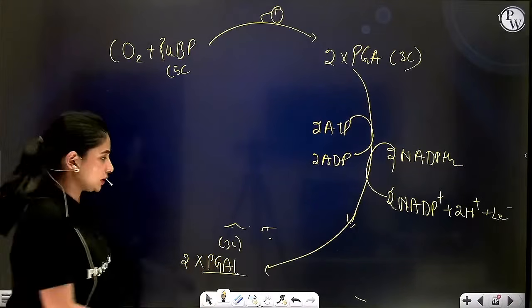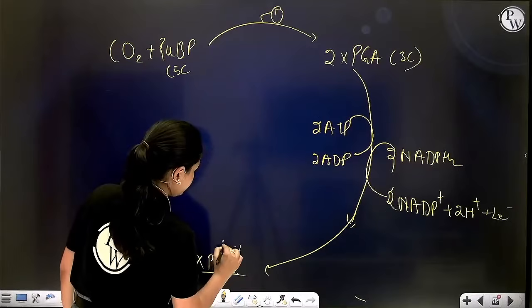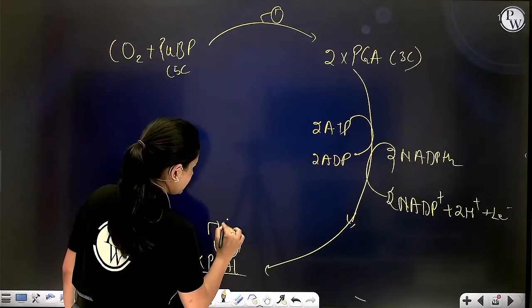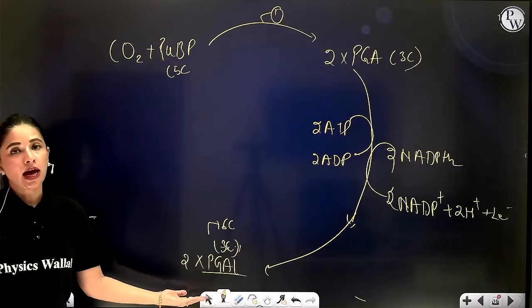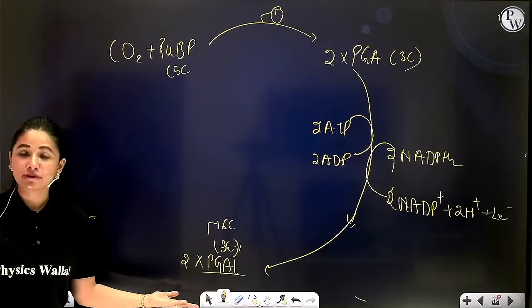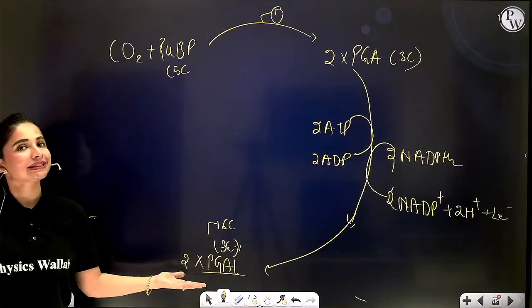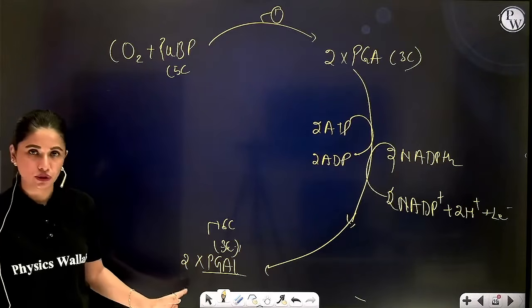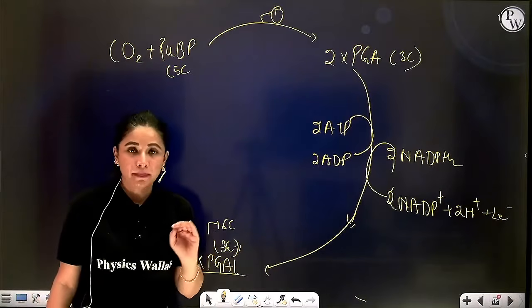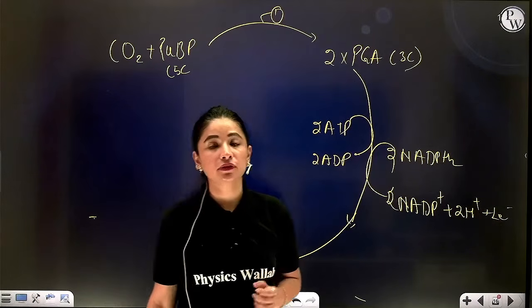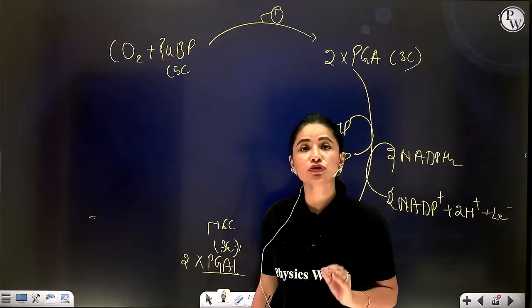So in total, there are 6 carbons over here. Now if I want to bifurcate these 6 carbons, then I can understand that 1 carbon is from CO2 and 5 carbons are from RuBP. Students, for glucose production, we will only utilize the carbons of CO2.